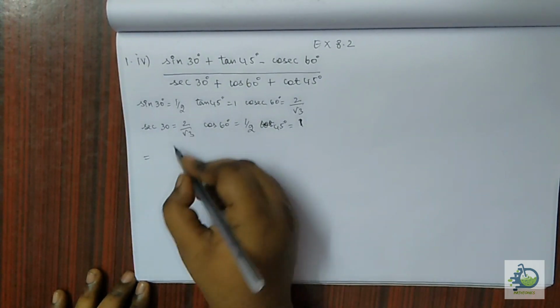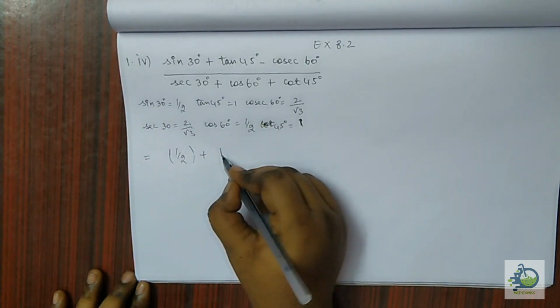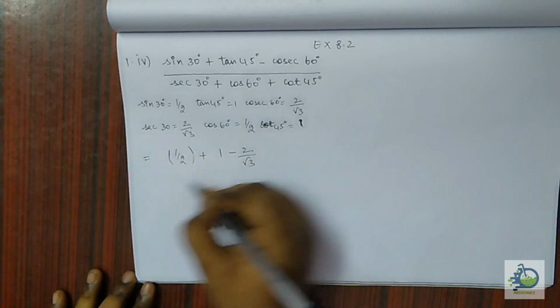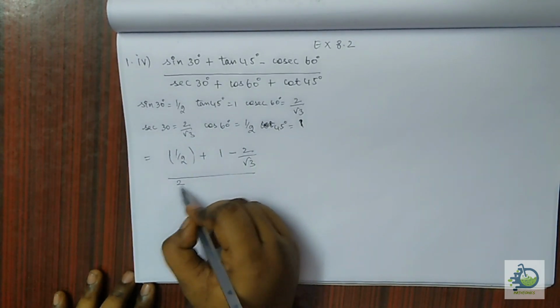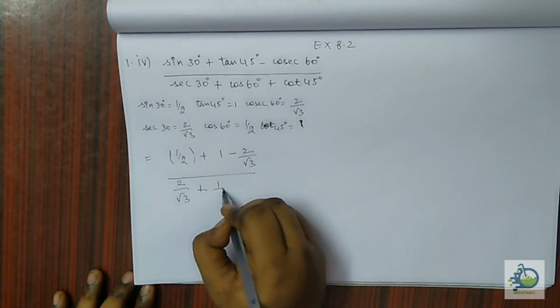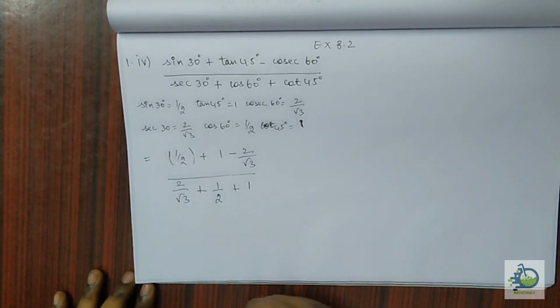Now we are going to substitute these values in the question. Okay, so sine 30 is 1 by 2 plus tan 45 is 1, cosecant 30 is 2 by root 3 divided by secant 30 is 2 by root 3 plus cos 60 is 1 by 2 plus cot 45 is 1.